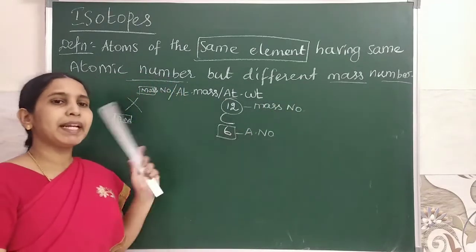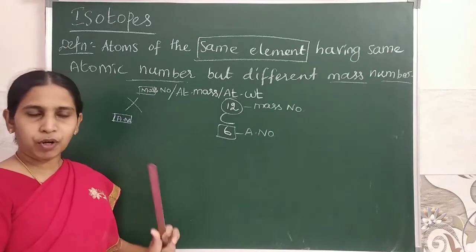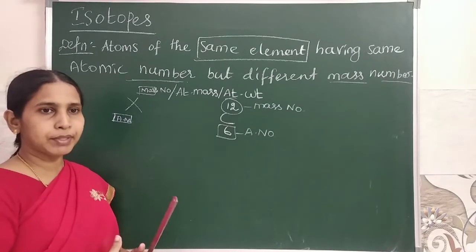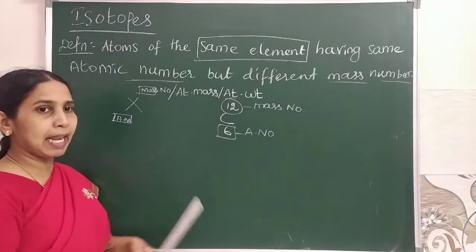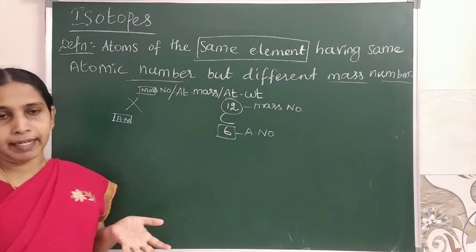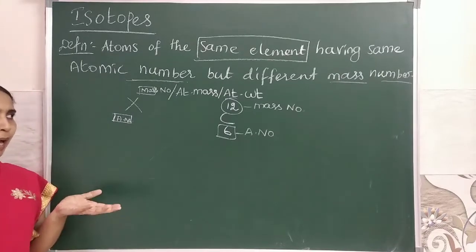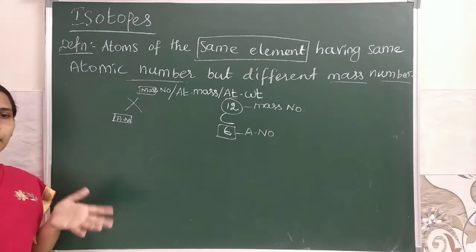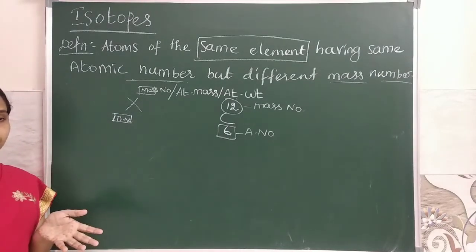How can you calculate the atomic number? If any element is given with a symbol like this, you have to calculate the atomic number, number of protons, number of electrons and number of neutrons.